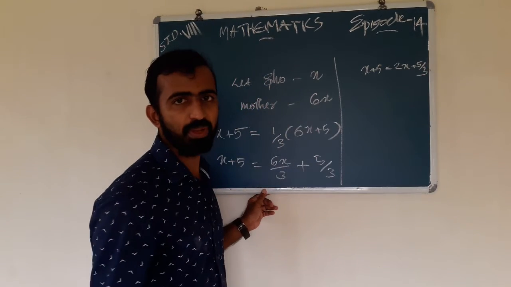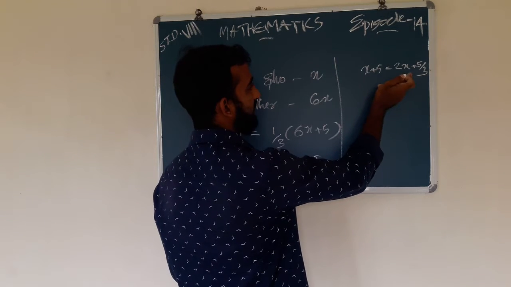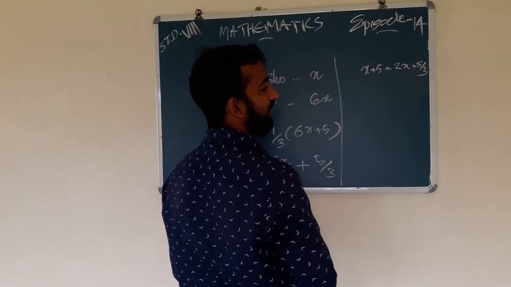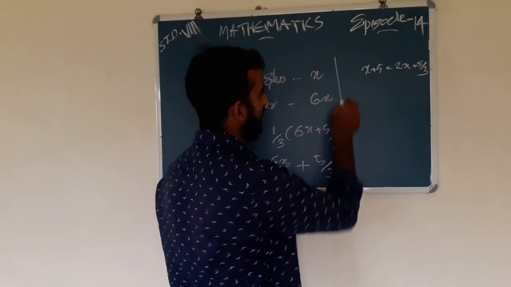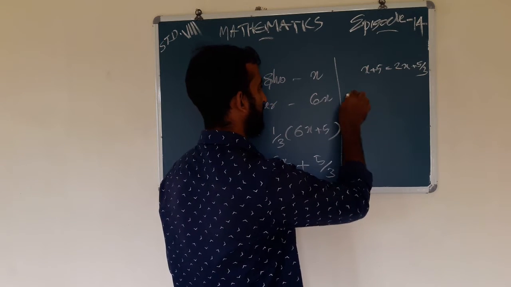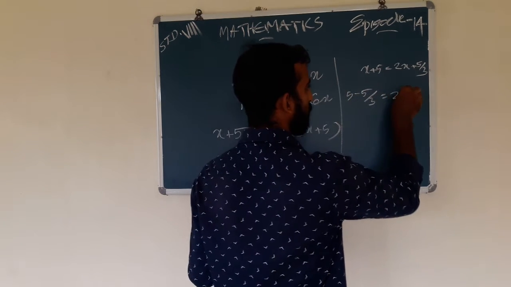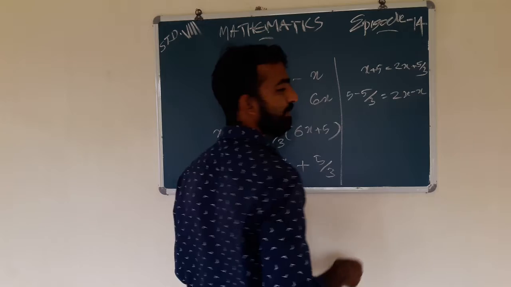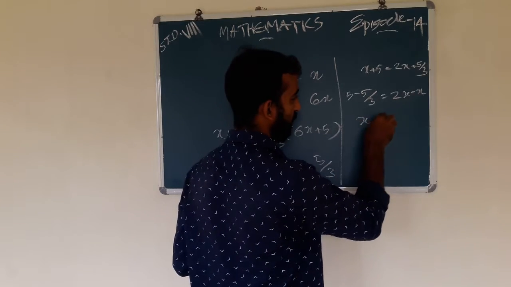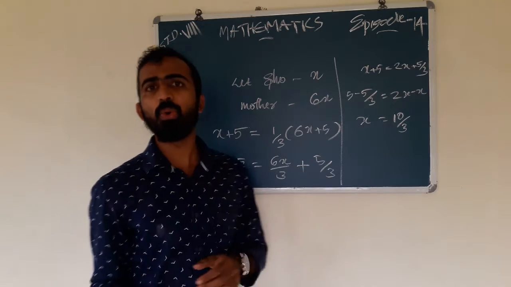Moving x to the right side, 5 minus 5 by 3 equal to 2x minus x. That is, x equal to 10 by 3.